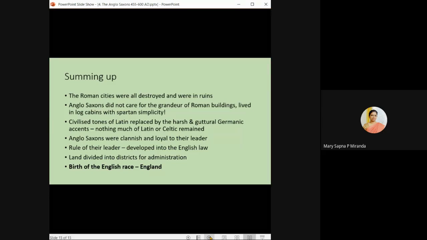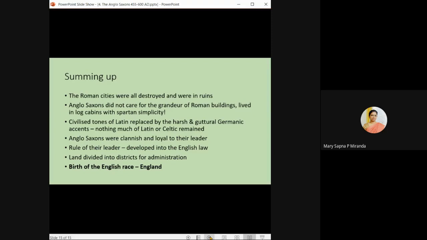It was replaced by the harsh and guttural Germanic accents, and over a period of time, nothing much of Latin or Celtic remained. You have more and more Germanic being infused into the language spoken by the people. So you can see how language is changing. From Celtic and a little bit of Latin, you have the whole of Germanic. From all this history, we can say that the English language is Germanic in origin.